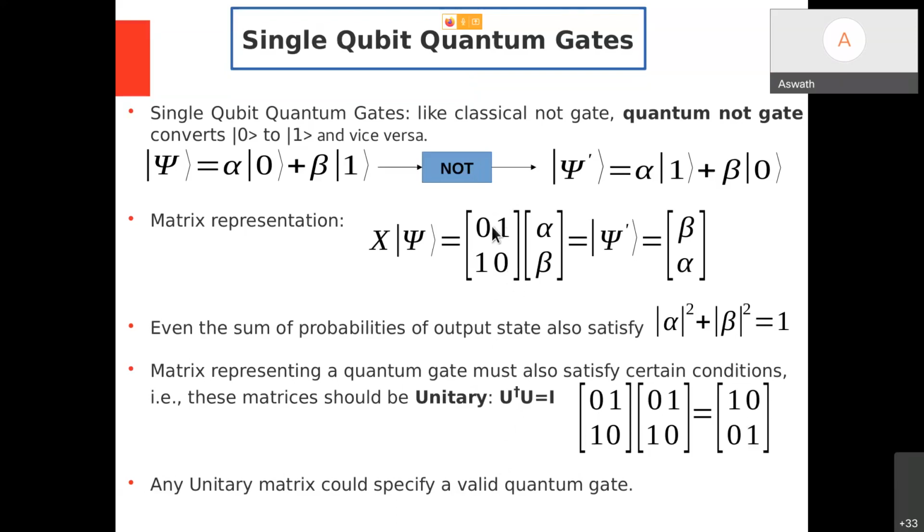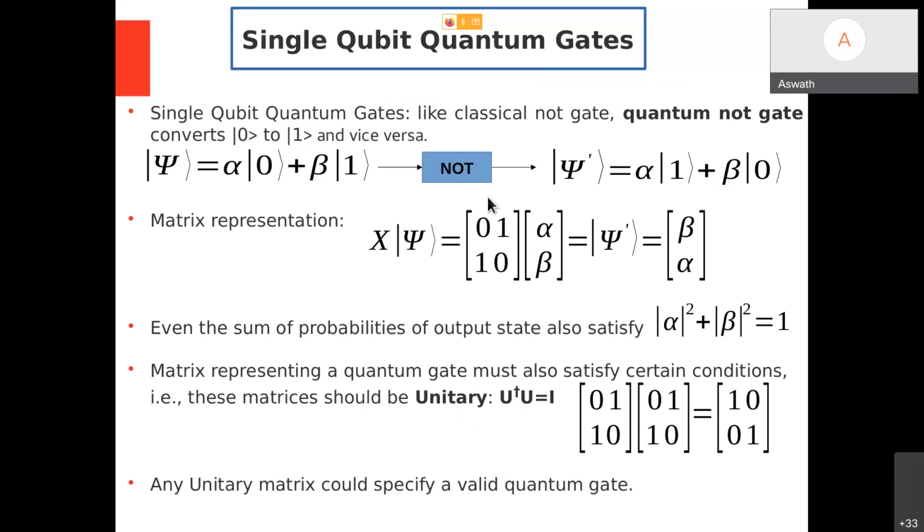Okay, so a given quantum gate is represented by a unitary matrix. What is a unitary matrix? The matrix which satisfies this relation. You can say it the other way around: any unitary matrix could possibly represent a quantum gate, right? So from now on, we will try to associate a unitary matrix with a quantum gate.